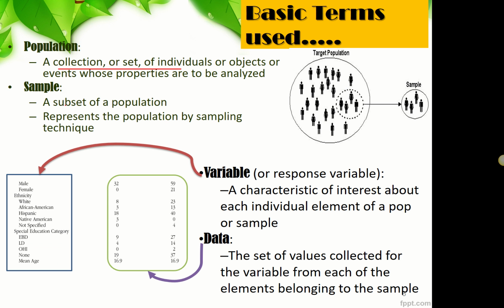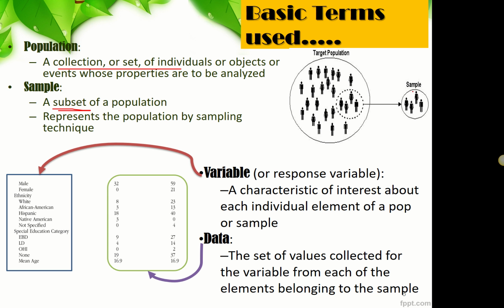A sample is a subset of the population. It means you have a big group of population that you want to look into for your research, but you can't collect from the whole population, right? So that's why you need to take a sample from this population, and that sample must represent the whole population. The information that we get from that sample must be a subset of the population.